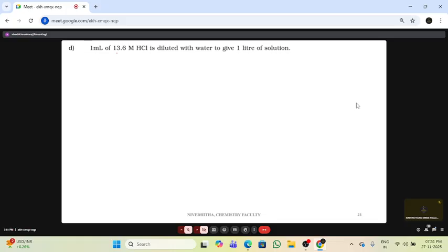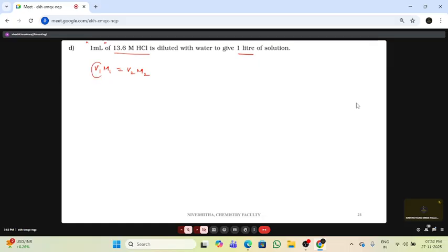Here they have a concentrated solution of HCl whose concentration is 13.6, from which they have taken 1 ml and diluted it to 1 liter of solution. So the first job is to calculate the concentration of the new solution, and from that find the H plus ion concentration, from which we calculate pH. The formula to do that is the dilution formula, which you would have studied in some basic concepts of chemistry: V1 M1 equals V2 M2.